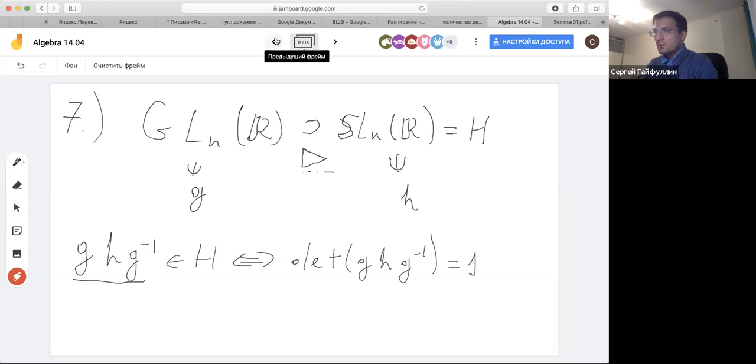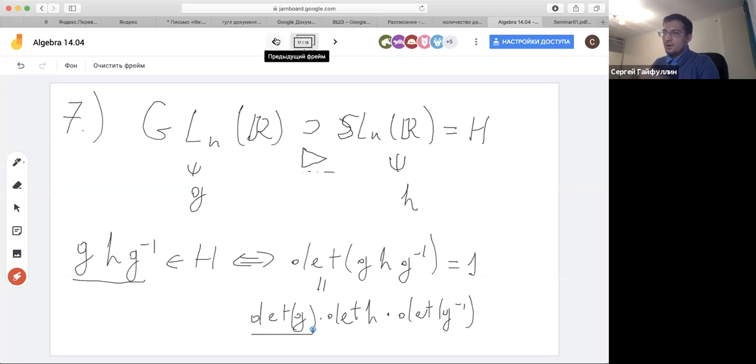But it's well known that this determinant is the multiplication of det G multiplied by det H multiplied by det G minus 1. And the first and last are inverses, and the middle one equals 1.